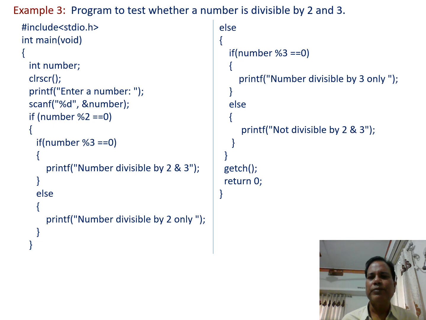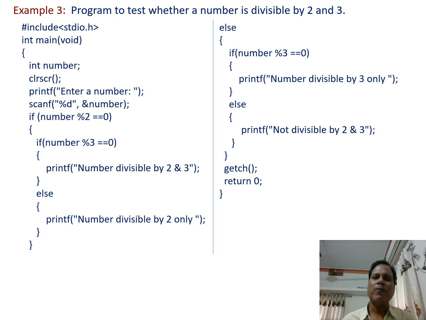In the else part, if the number is divisible by 3, we print the message number divisible by 3 only. Else if it is also not divisible by 3, we print the message not divisible by 2 and 3.